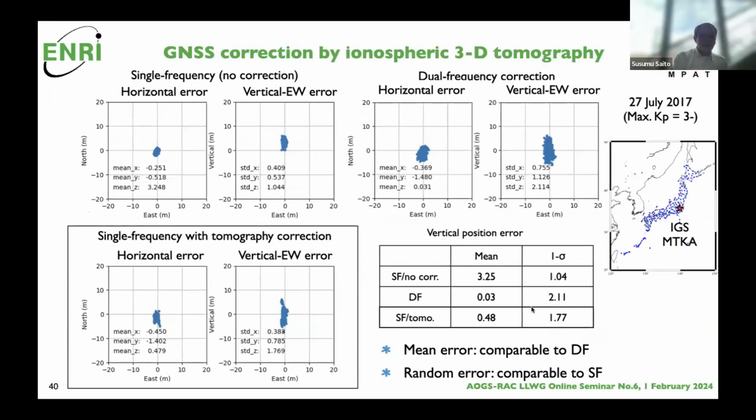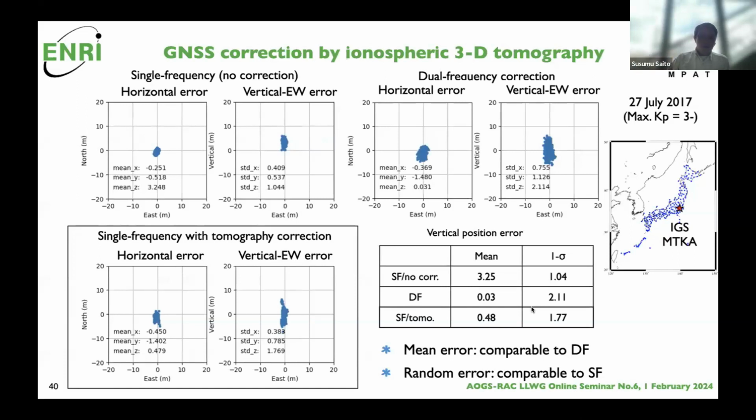So basically, if we don't apply ionospheric correction, the ionospheric delay appears mainly in the vertical position error, and usually it introduces a positive error.